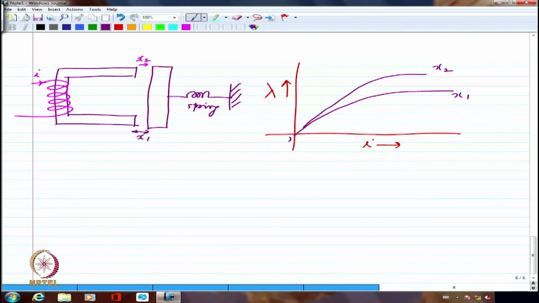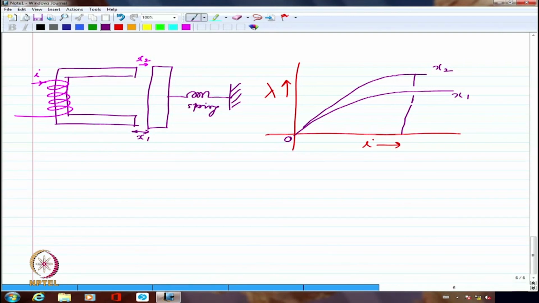So if I say this is O, let me write, maybe at a particular current, I am not changing the voltage. If the movement is happening very slowly, at every point the current would have reached its steady state value, which is V by R, where R is the resistance of the coil.